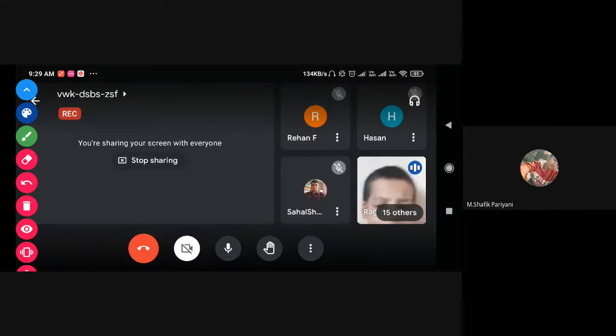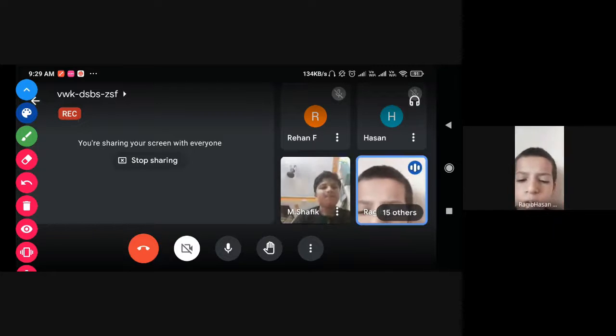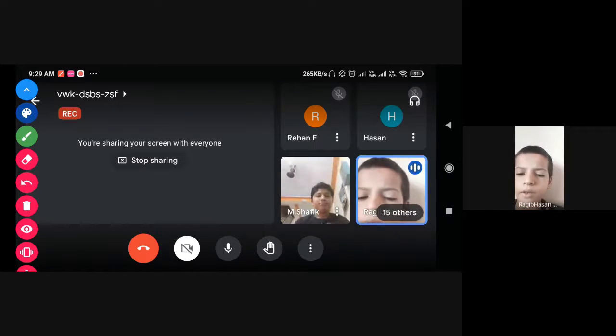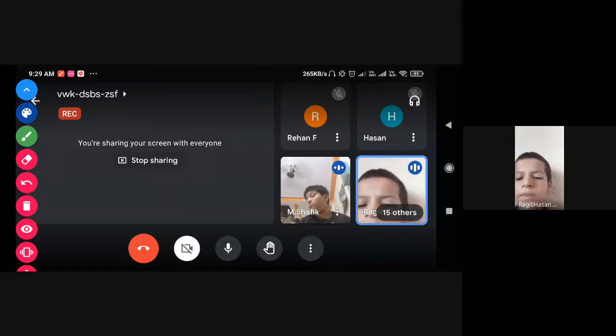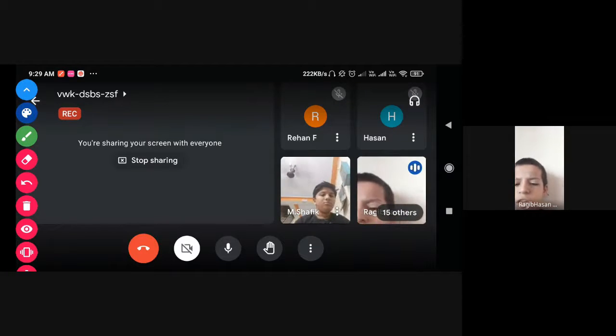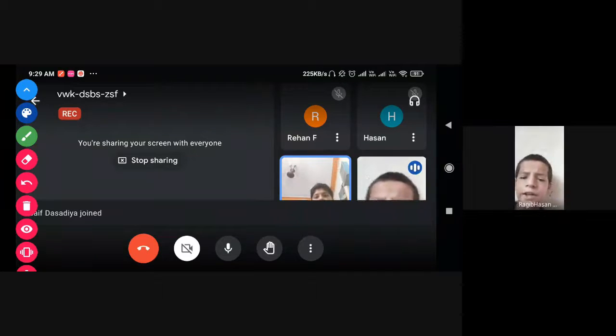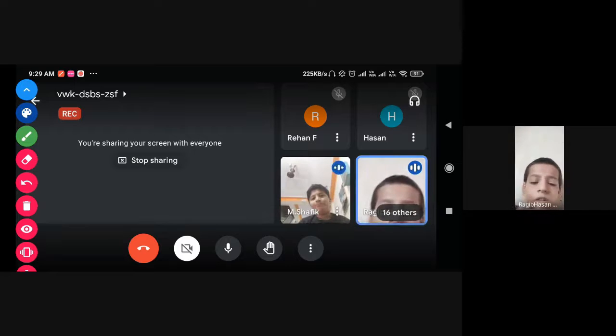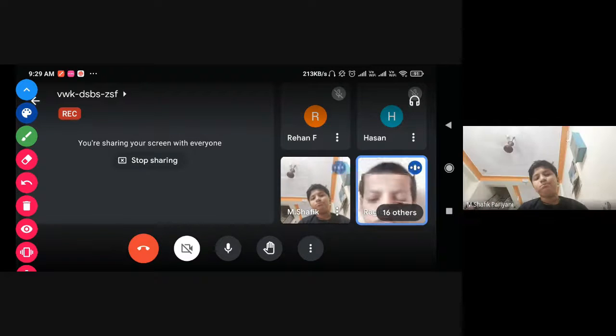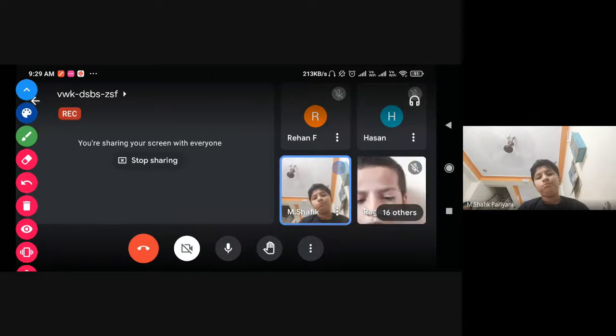Fabrics are made from yarns, which in turn are made from fibers. Fibers are of two types: natural and synthetic. Cotton, wool, silk, and jute are some examples of natural fibers, while nylon and polyester are some examples of synthetic fibers. Yes, Shafiq.